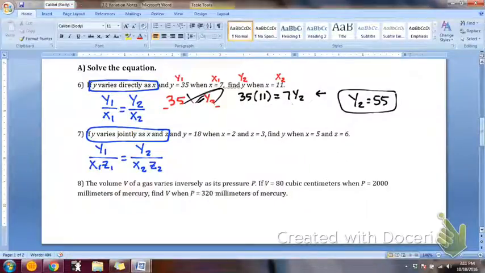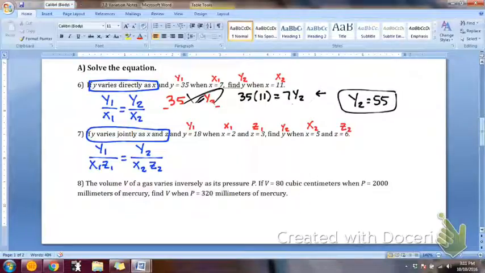Okay, so I'm going to label the problems. The y equals 18 is my y1, my x1, my z1. I just went right down the line and labeled them.